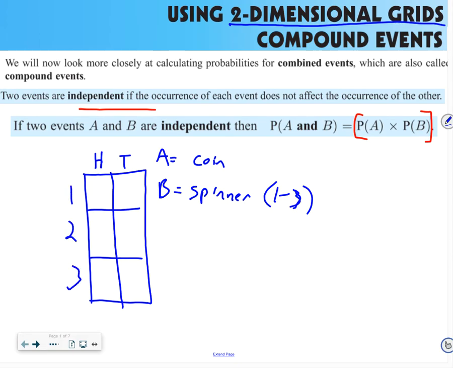We can see how we get all our possibilities: our two possibilities times our three possibilities gives a total of 6 possibilities. So that can be how we use our two-dimensional grids for problem solving.